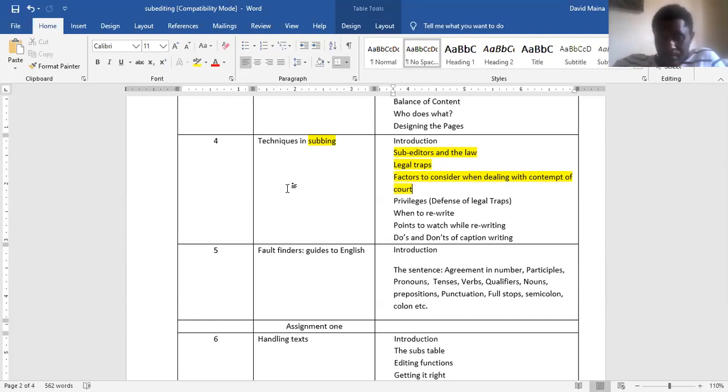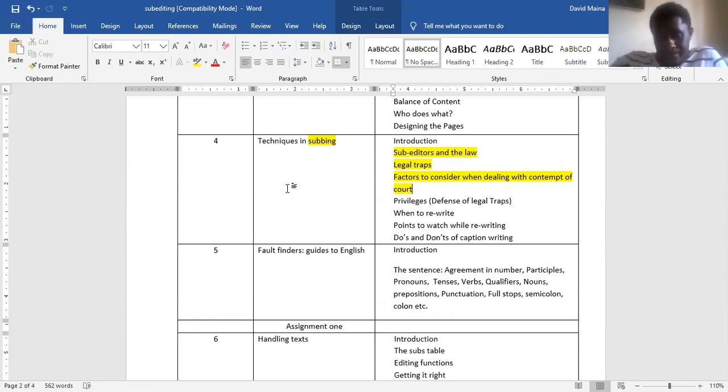Again, we said that taking photographs of the evidence that has been presented before the court without the permission of the judge is interfering with the court proceeding.